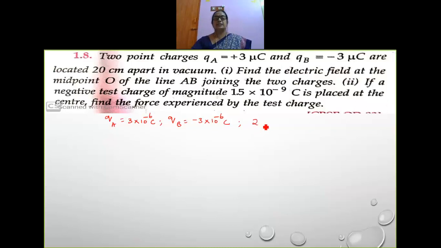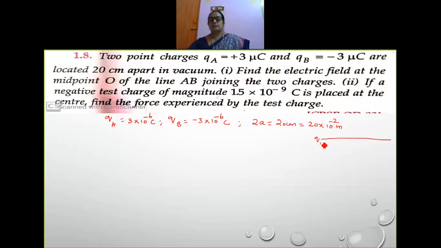20 centimeter is 2a, right? So 2a equal to 20 centimeter, again convert it into meter, so 20 into 10 power minus 2 meter, children, right? Okay, find the electric field at the midpoint. Let us draw the diagram here, children. So this is a dipole.